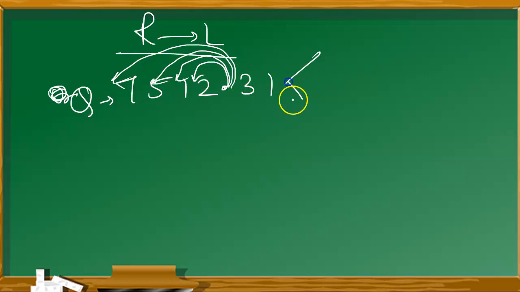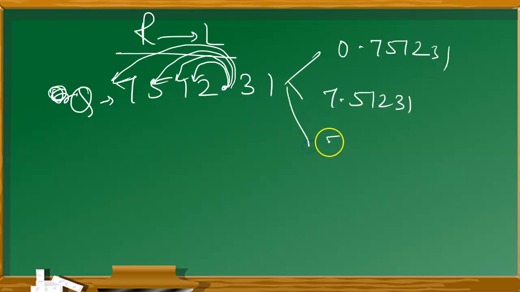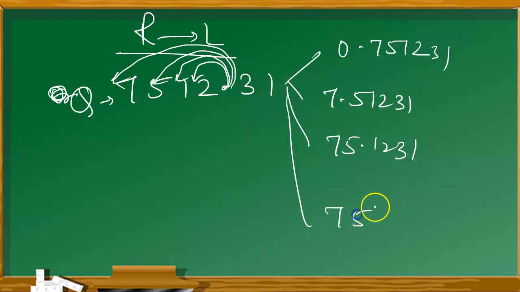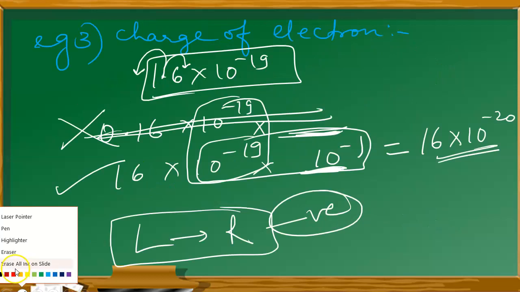So the possibilities are 0.751231, or 7.51231, or 75.1231, or 751.231. So these are the 4 possibilities I can take. Now what will be the 10 power? That is very important to understand. What will be the 10 power here?